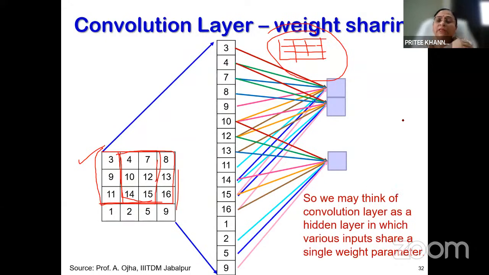So we may think of this convolutional layer as a hidden layer in which various inputs share a single weight parameter. When you move from 3 to 4, then 7, they share the same weight parameter.